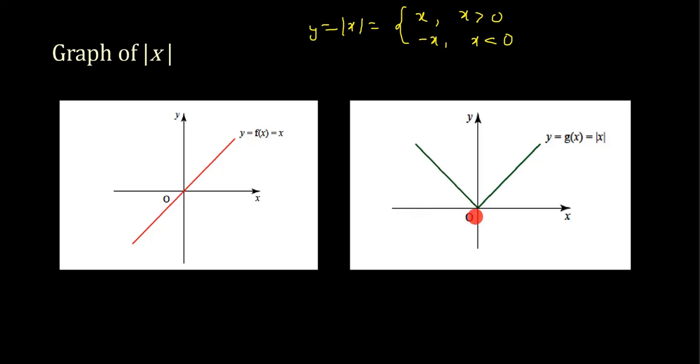So we obtain a V-shaped curve like this, whose corner is at x equal to 0. If I have to write in detail, I can write this as x minus 0. Minus 0 means this is the corner point of this V-shaped curve.